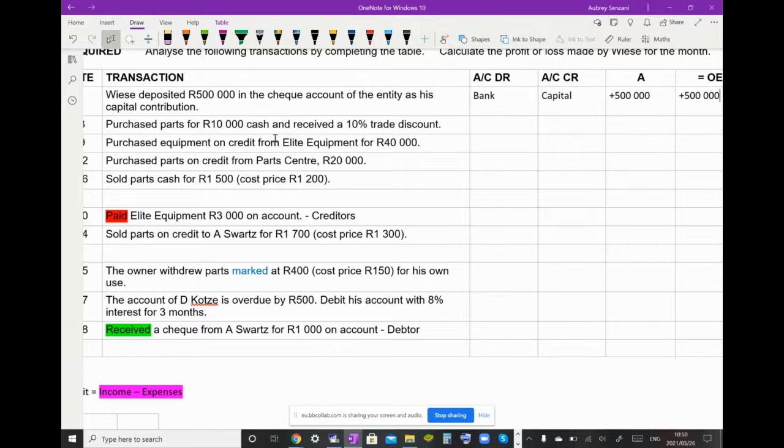Does that make sense? Another way to remember it is that it's a settlement discount: a discount I'm receiving to encourage me to settle early. That's why we give settlement discounts, because we want more cash flow in the business.